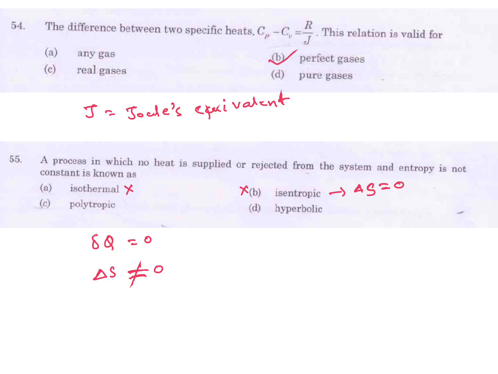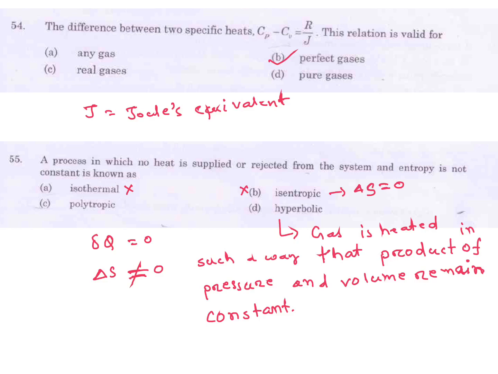In hyperbolic process, gas is heated in such a way that product of pressure and volume remains constant. P into V is constant in case of hyperbolic process, so it's also not possible. In polytropic process, del S is not equal to 0 and del Q equal to 0. C is our answer.